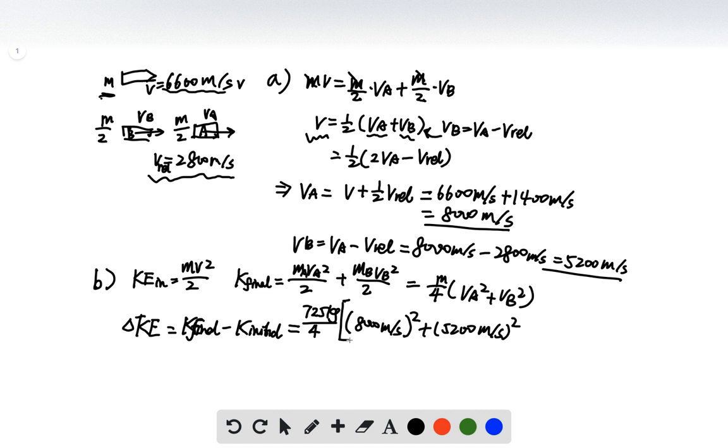That is final kinetic energy, but minus the initial kinetic energy, which is half of m v squared. So that gives us a total of 7.11 times 10 to the 8th joules. So we had a huge increase in kinetic energy from this explosion.